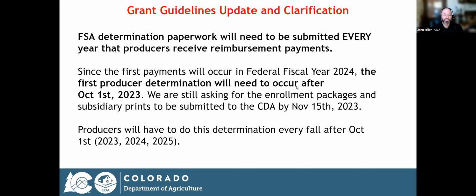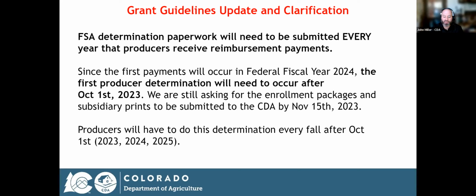This is a little bit different than, say, EQIP or federal programs where they have one determination in the year they sign up, and then they don't have to redetermine throughout the life of the contract. With climate smart commodities, they're going to have folks go into the FSA each year. So each year that they receive funds, so that's going to be 3 years, they'll need to go in there and refill out the paperwork or update it.